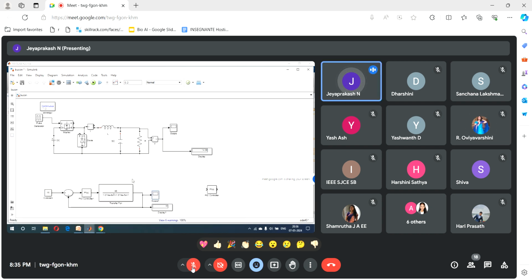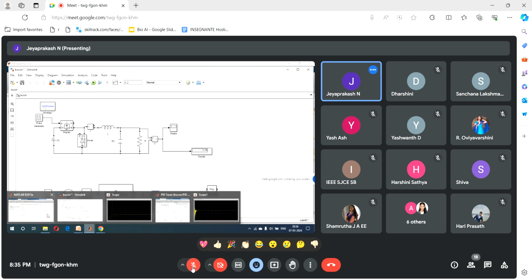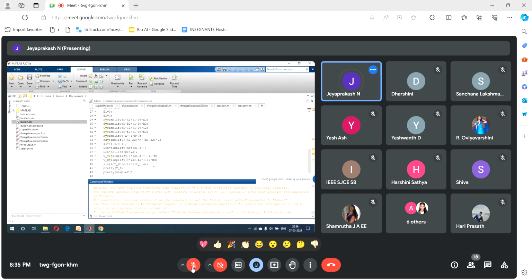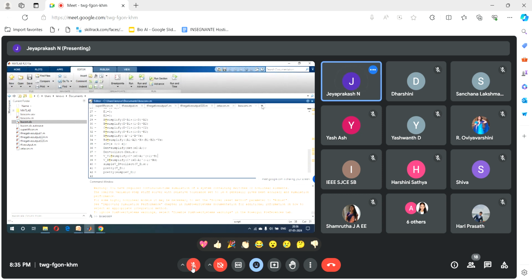Next we go for the frequency domain. So we have the transfer function value. Again you can open a new window and enter the numerator value.